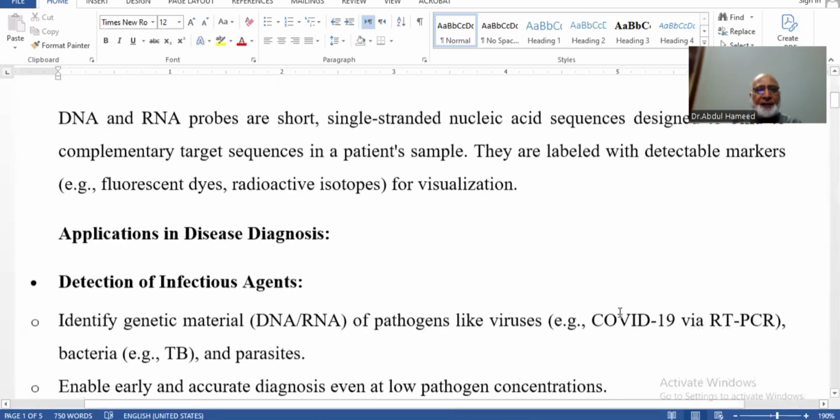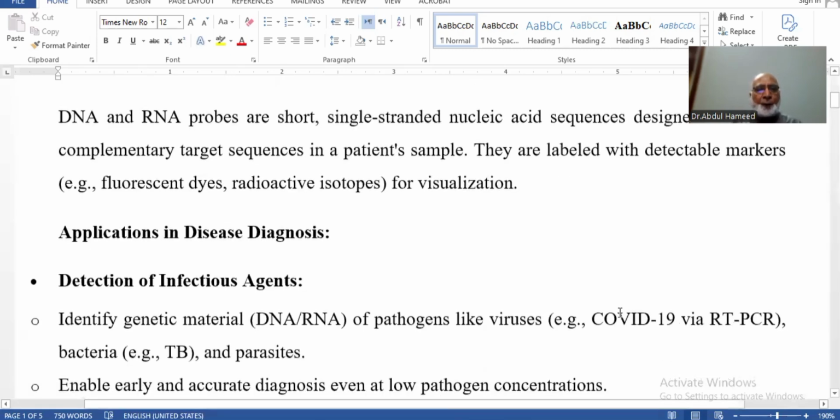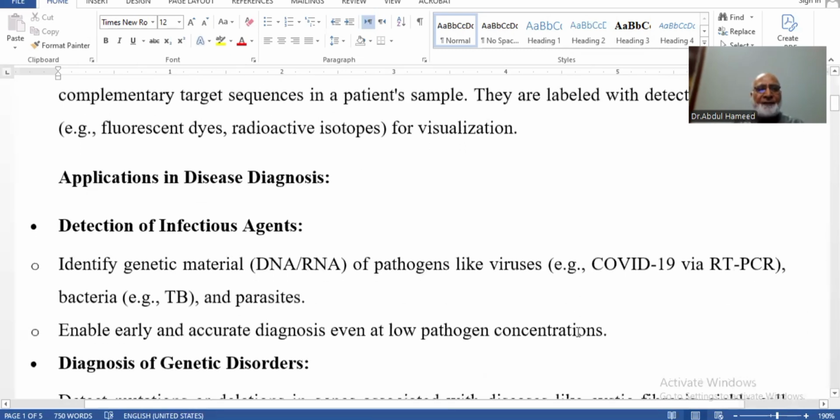Application of DNA and RNA probes in disease diagnosis. Number one is detection of infectious agents. The purpose is to identify genetic material, which may be the DNA or RNA of pathogens like viruses, for example in case of COVID-19 via real-time PCR, bacteria, particularly TB bacteria, and some other parasites which may be multicellular in nature.